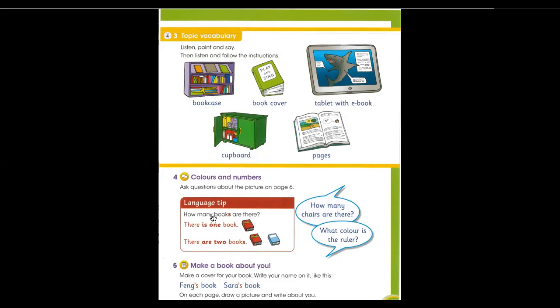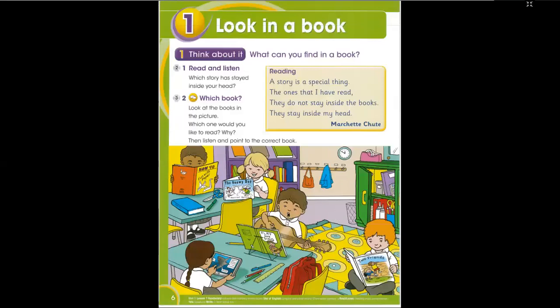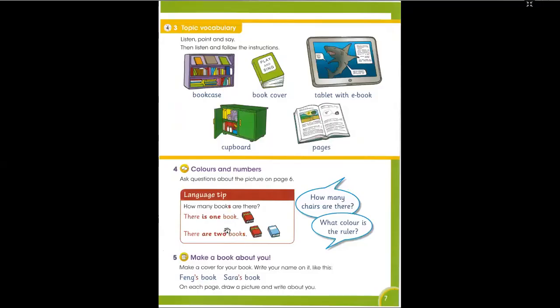Okay, how many chairs are there? Yesterday, we looked at this in a book, a topic. So here they are asking how many chairs are there? 1, 2, 3, 4, 5, 6, 7. So what are we going to use, is or are?